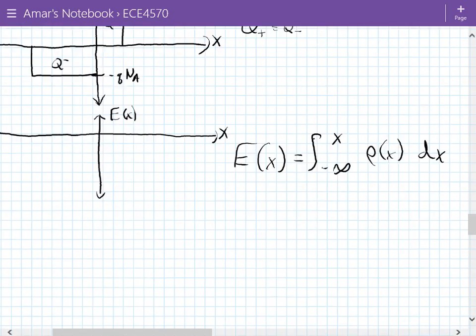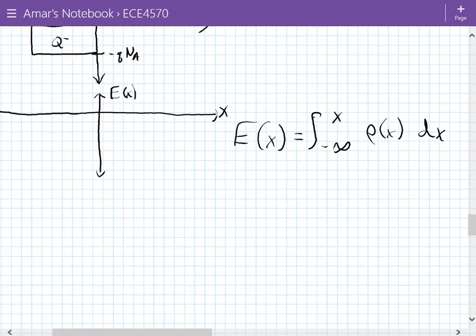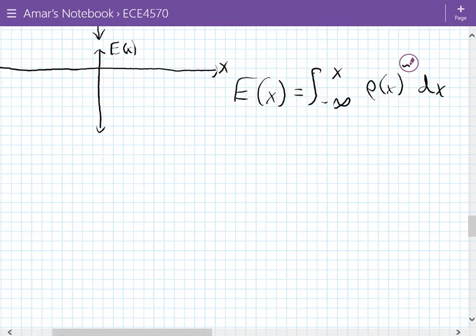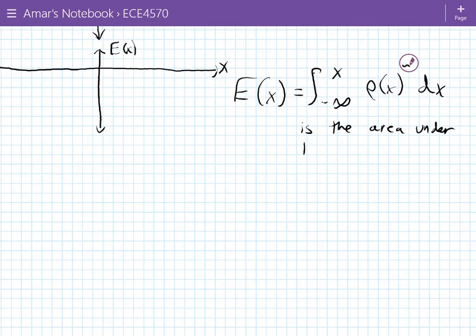When we take the area under the curve from negative infinity to some point x, another way of saying this is that E of x is the area under the rho of x curve from negative infinity to x.